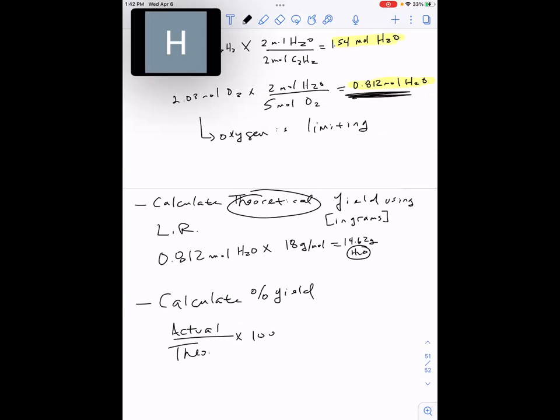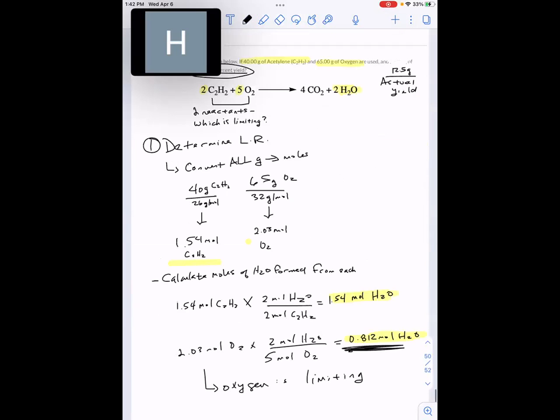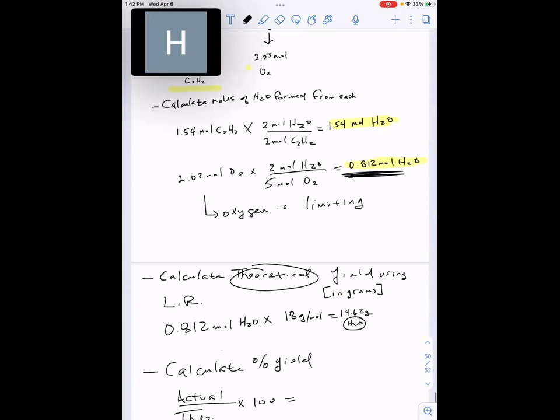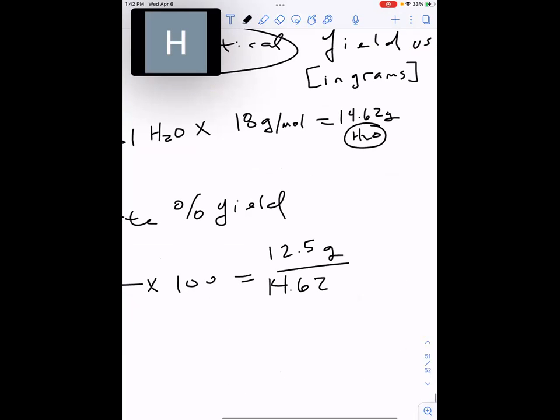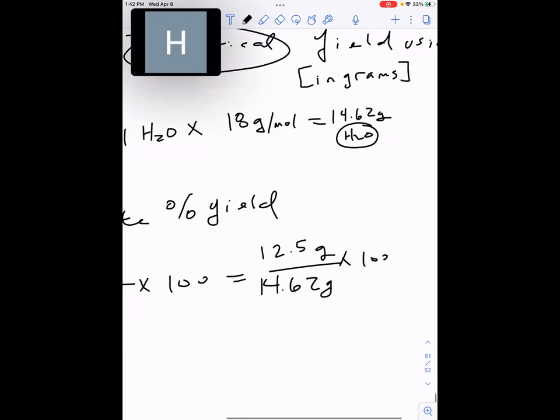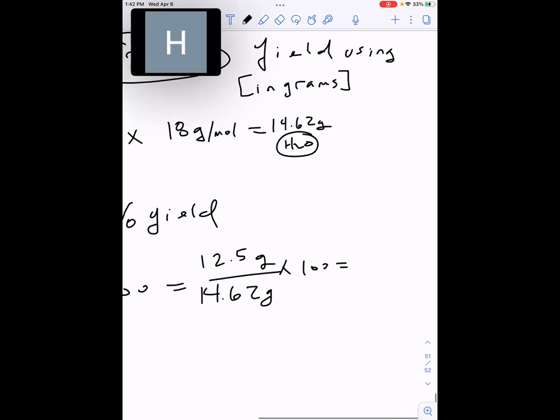The actual is up top. It told us that we got 12.5 grams of water. It's going to be in the top, 12.5 grams divided by 14.62 grams times 100.